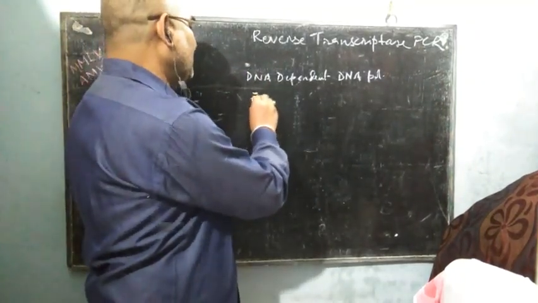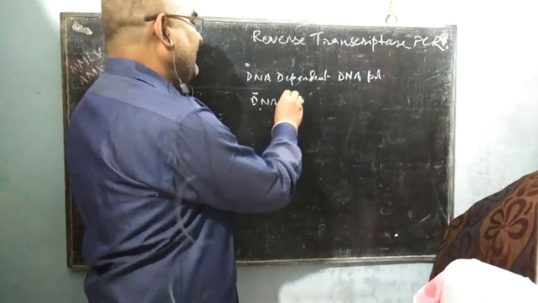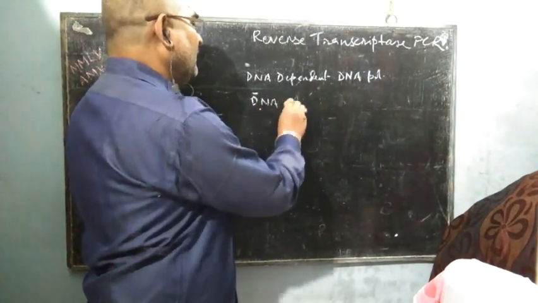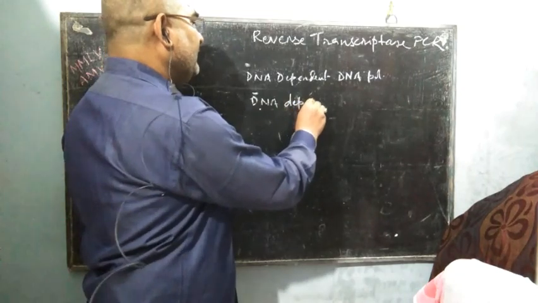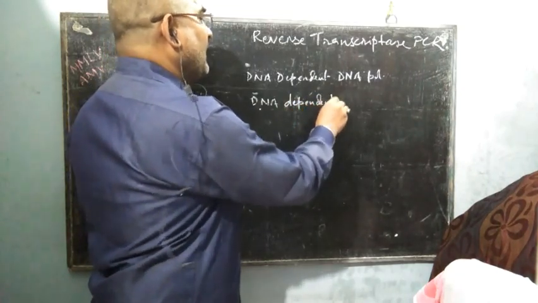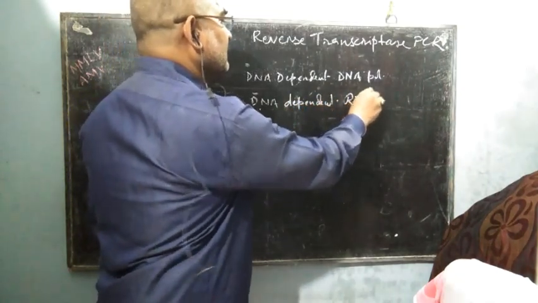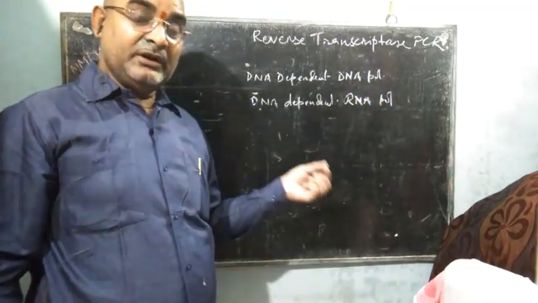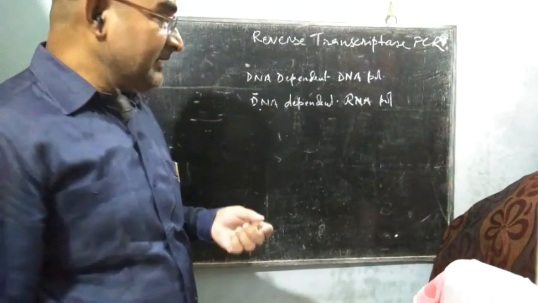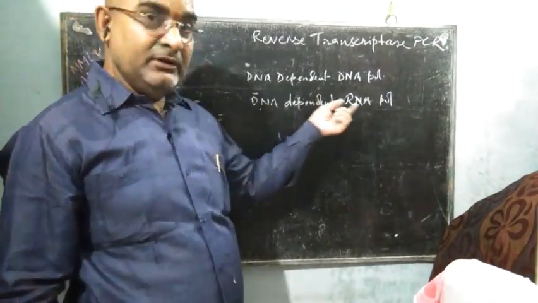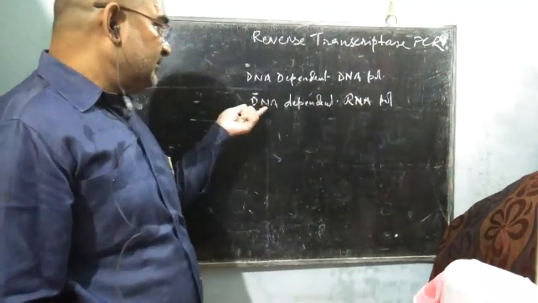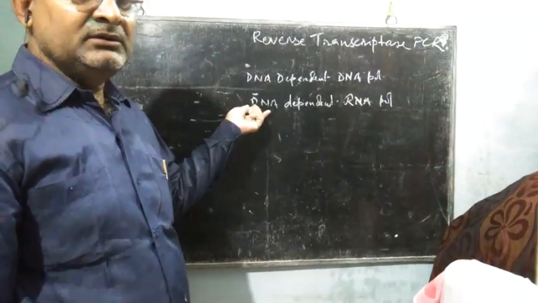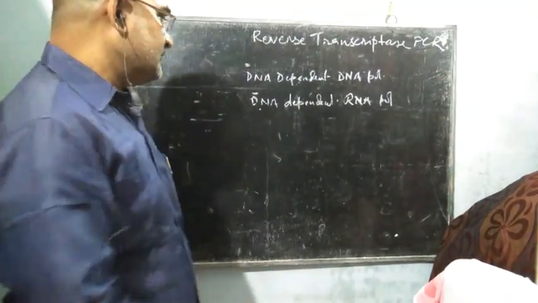Second, DNA dependent RNA polymerase is also responsible for the polymerization and formation of the phosphodiester of the ribonucleotide, but by the use of the template strand of the DNA.